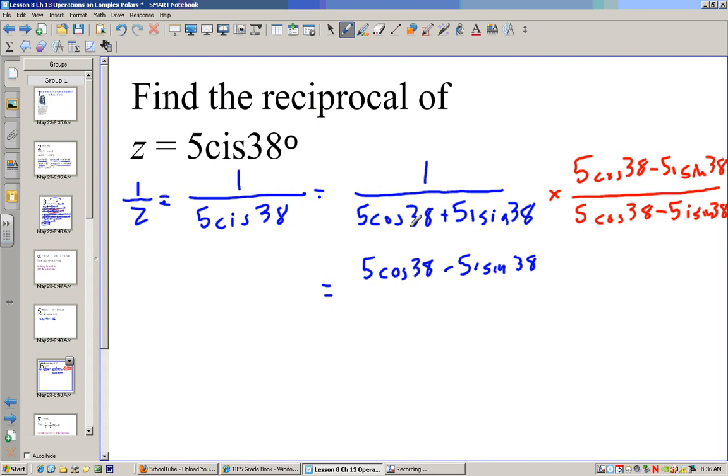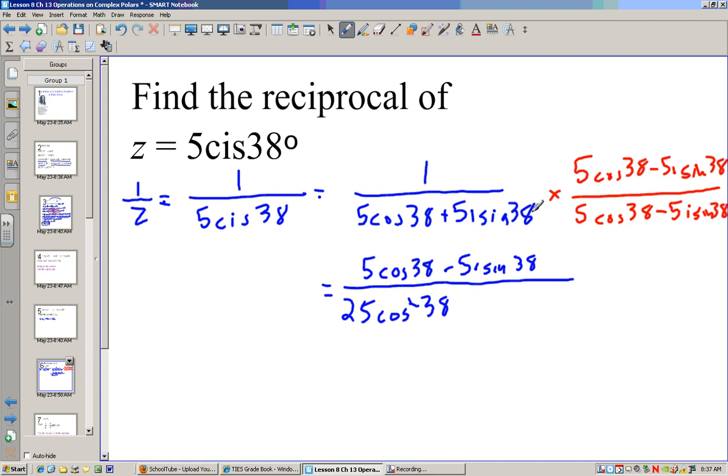Now, 5 cosine 38 times 5 cosine 38 is going to be 25 cosine squared 38. My insides are going to be 25i sine 38 cosine 38, but then my outsides are going to be negative 25 cosine 38 sine 38.